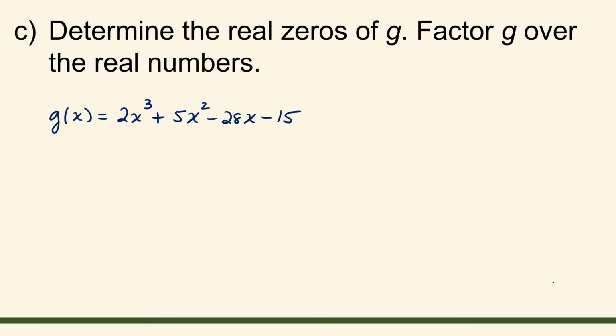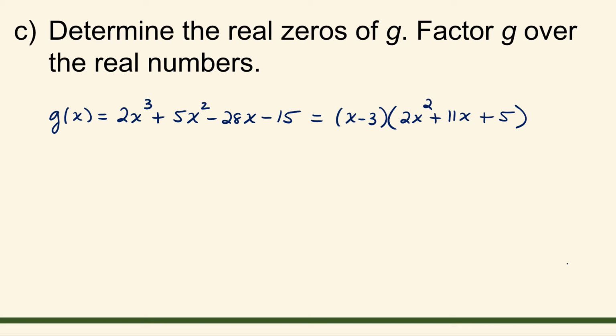So now we know, by using long division, that g of x, which was equal to 2x cubed plus 5x squared minus 28x minus 15, we can rewrite as the quantity x minus 3 times the quantity 2x squared plus 11x plus 5.